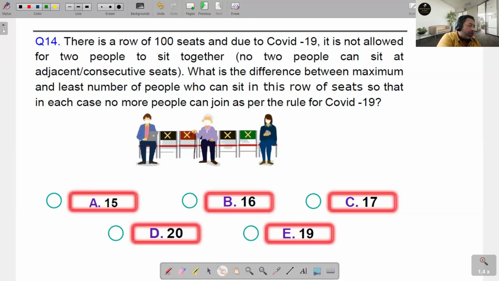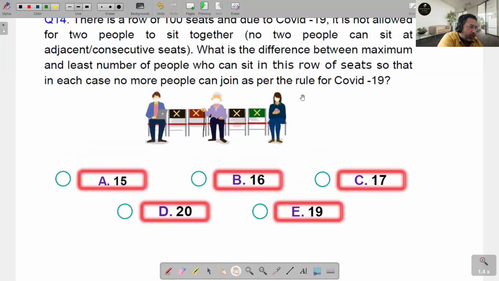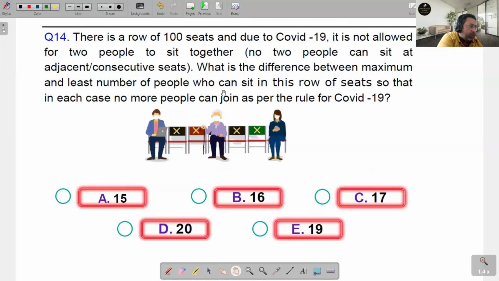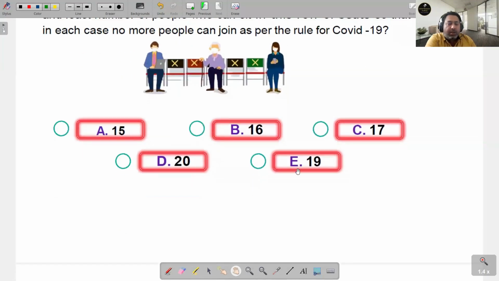All right, let's understand a few things here. If no two people can sit on adjacent seats, it means there has to be at least one empty seat between two consecutive people. In that case, the number of people will be maximum.